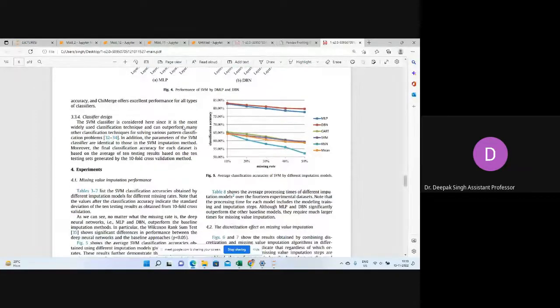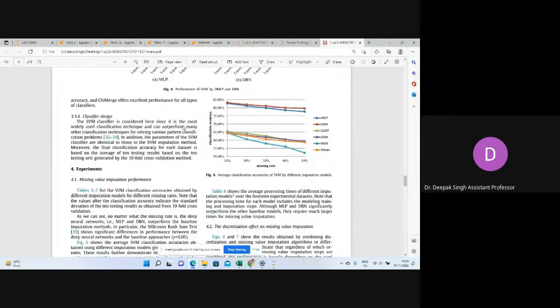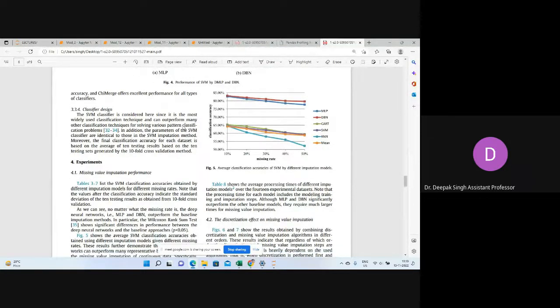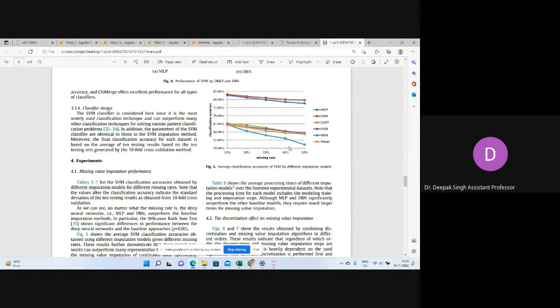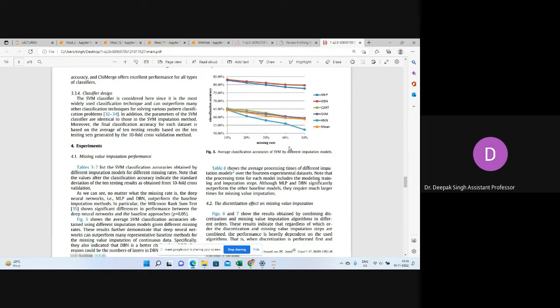Furthermore, they have also carried out various performance evaluations and their comparison with the help of charts as well. You can see that when the missing rate is increasing, like when you have 10% of the missing data, 20%, 30%, and so on, the performance of the model tends to decrease, because as you have more missing values, obviously machine learning models will not be able to learn the patterns, and that would deteriorate the performance too.